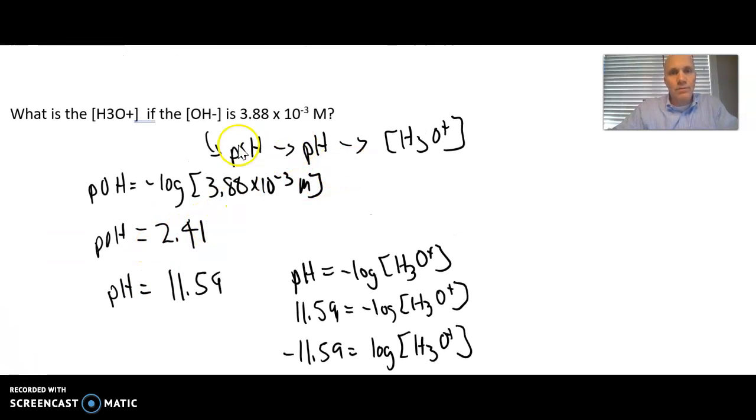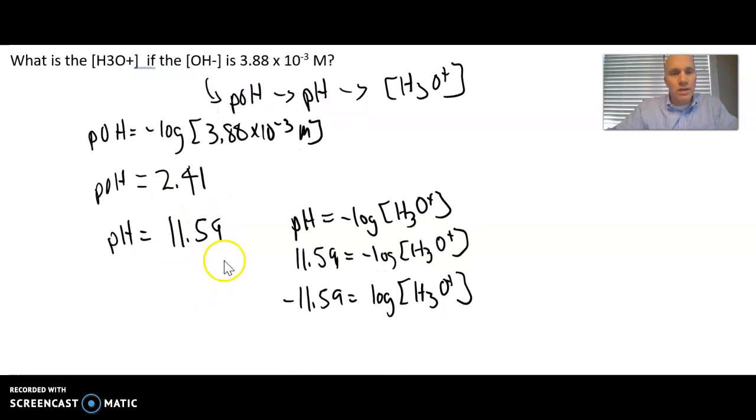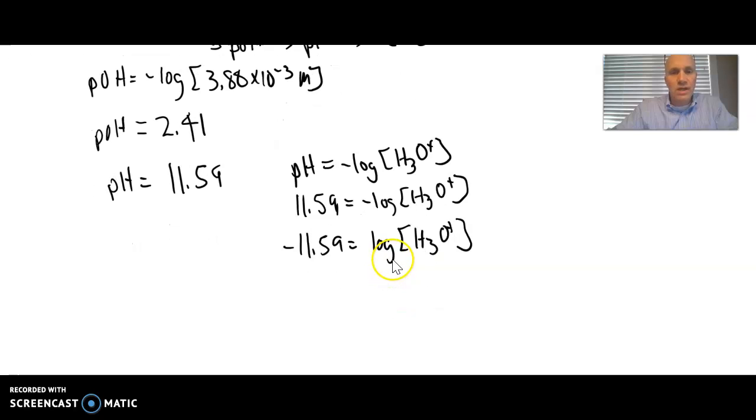Following that operation, we're going to plug the molarity into this equation right here. That allows us to calculate the pOH. We can then turn that pOH into a pH by just subtracting this from 14. And then we have this equation right here. So we plug the pH into where we have the pH right here. That gives this right here. Again, the first thing that we're going to do is change the signs on both sides.